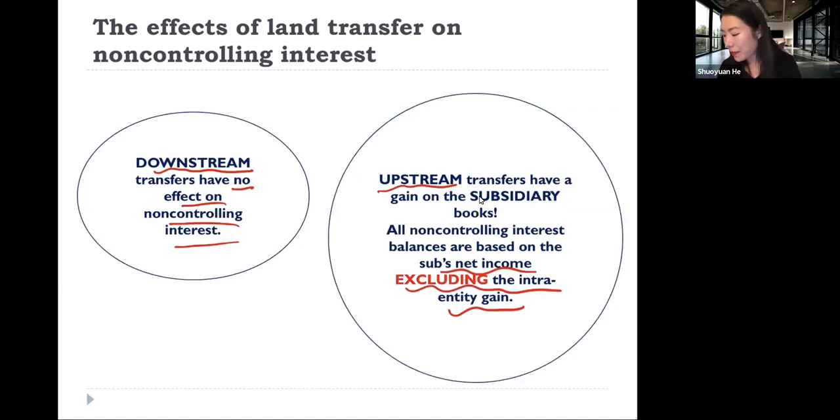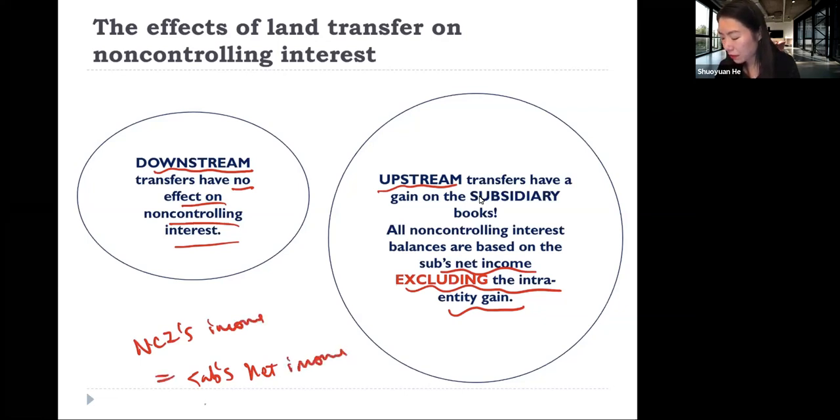If you still remember, the non-controlling interest share of the income is the subsidiary's net income minus amortization. If it is a downstream transfer, that's it. And then we multiply it by the percentage of non-controlling ownership.